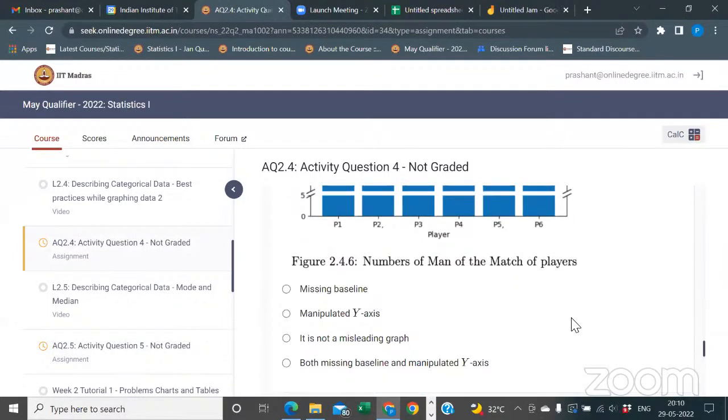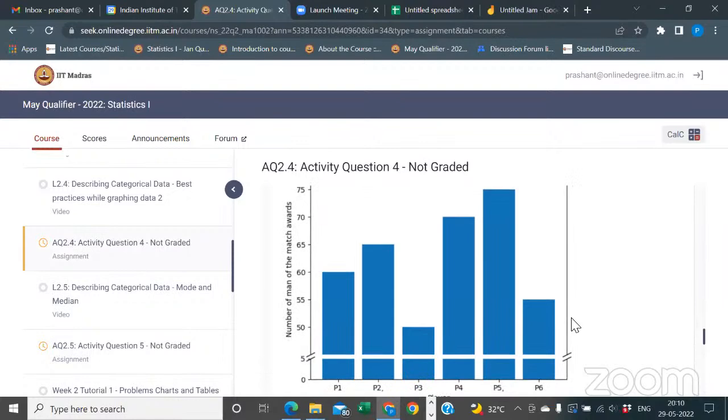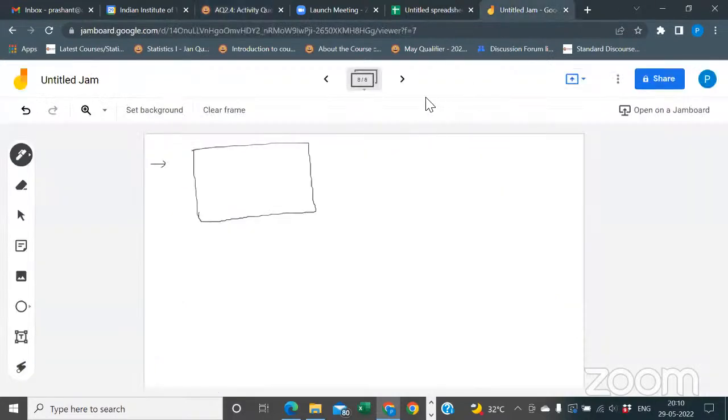Sir, is this graph misleading or manipulated? No, it's not manipulated and not misleading. Why, sir? Manipulated would mean the y-axis break is not shown.